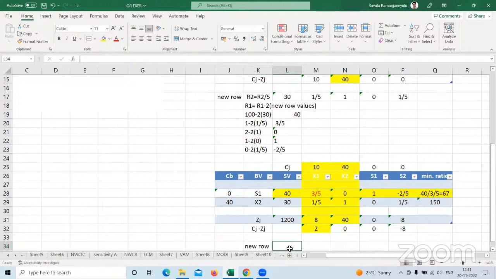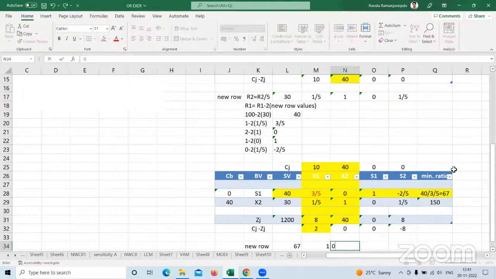What may be the new row values? 40 divided by 3 by 5, we got 66.66. 3 by 5 divided by 3 by 5 is 1. 0 divided by 3 by 5 is 0. 1 divided by 3 by 5 is 5 by 3.